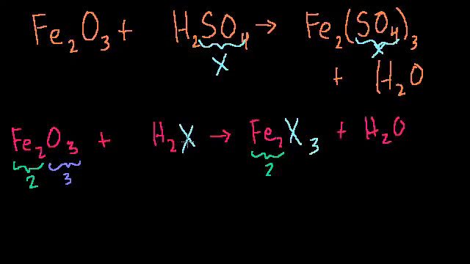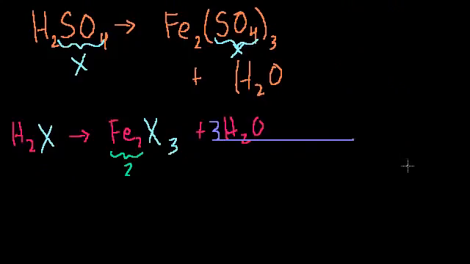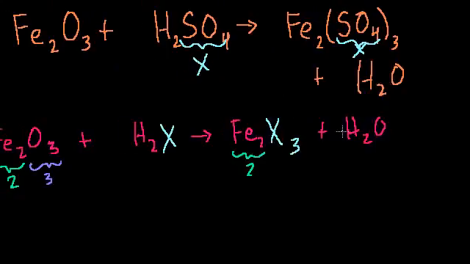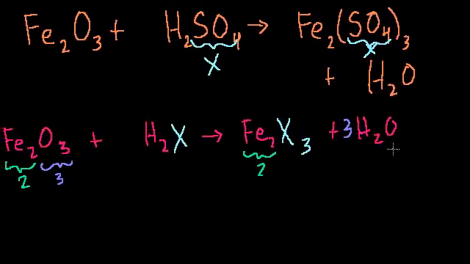And remember, there were some oxygens in this X group, but the sulfate group stayed together, so we can treat those separately. So if we want to have 3 oxygens on the right-hand side as well, let's stick a 3 here. Sometimes my pen tool malfunctions. So now we have 3 oxygens as well.